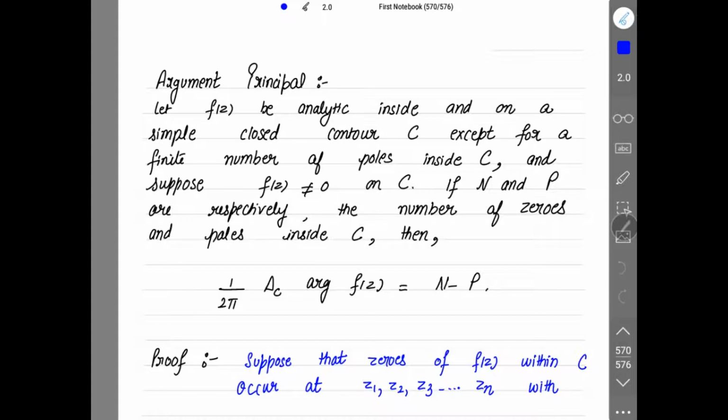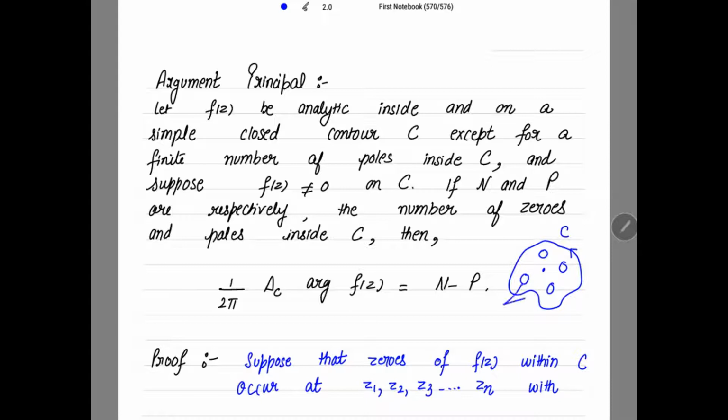Now let's start with the theorem, that is the argument principle. Let f(z) be analytic inside and on a simple closed contour C except for a finite number of poles inside C. And suppose f(z) is non-zero on C. What it is saying is that you have a function f(z) which is analytic inside and on a simple closed contour C. Suppose this is your closed contour C, and the function is analytic inside and also on this contour, except for the finite number of poles inside C. Suppose these are your poles.